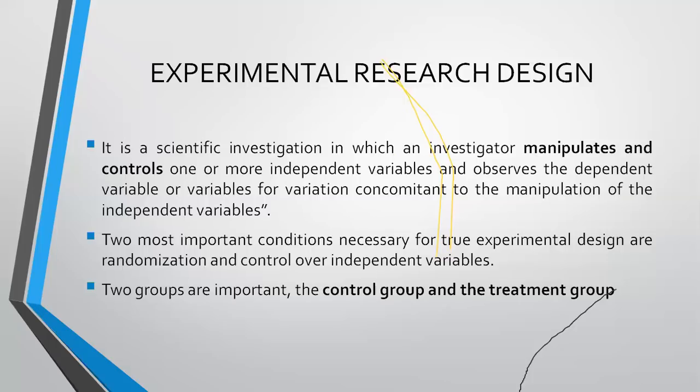You have to select your samples using simple randomization, which gives them equal chance of being participants in that research work. Also, you should have control over the independent variables. So 2 groups are important, the control group and the treatment group.